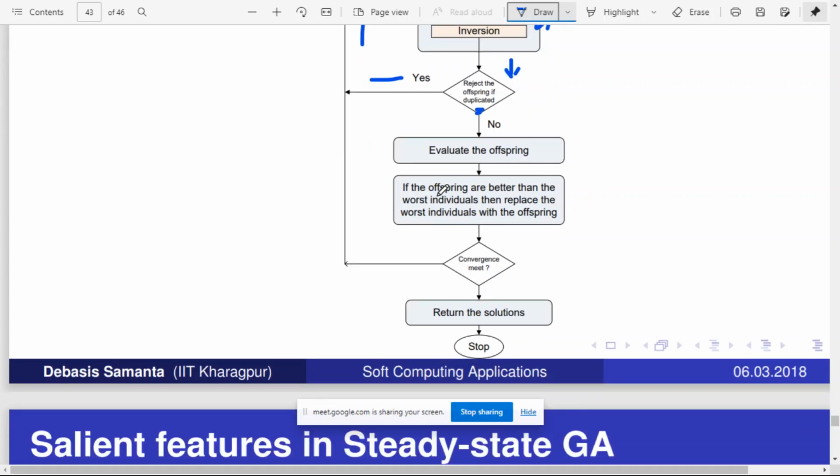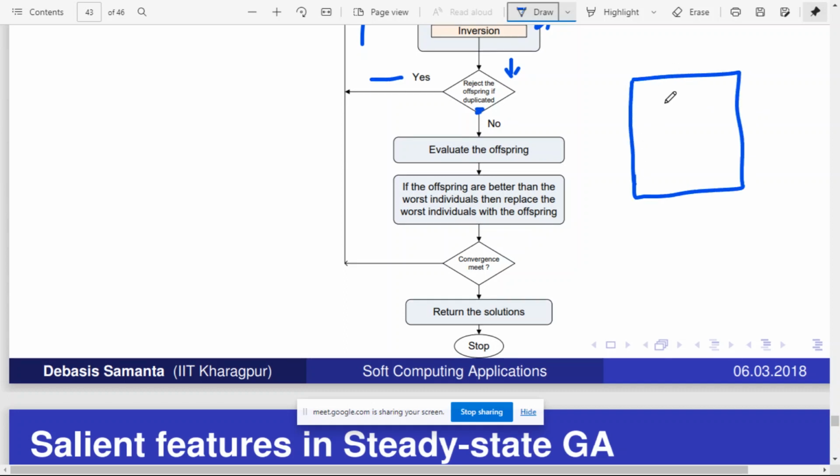Identify its fitness score. If the offspring is better than the worst individual already in the population, we already have a set of populations. N individuals are there, and for all the N individuals we have given a ranking, that is, a fitness score. Let me call it FS. There is a fitness score for every individual.